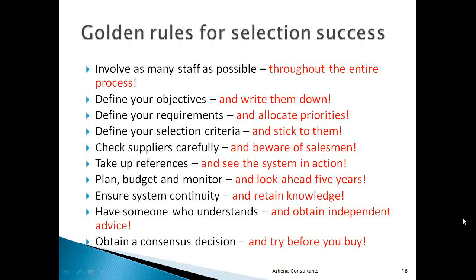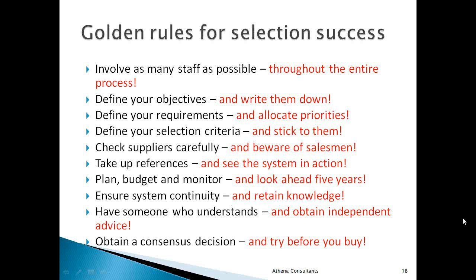Firstly, involve your staff. Involve your staff all the way through the process. Then you should define your objectives and make sure everybody knows what they are. Requirements are fundamentally important, and as are priorities. The techie IT people like to use what we call MoSCoW rules. I personally use something that's a little more understandable.